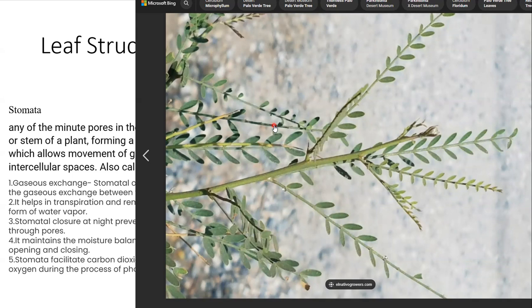Now, Cercidium does something similar, but in a little bit different way. It is drought deciduous. As soon as there's minimal amounts of water, and it has to get pretty low for Cercidium, it will drop its leaves, but its stems can photosynthesize.